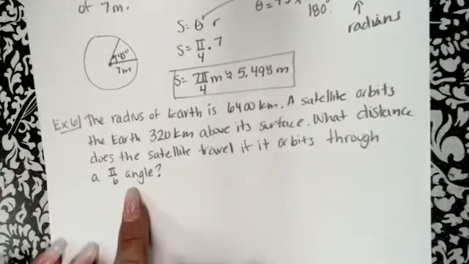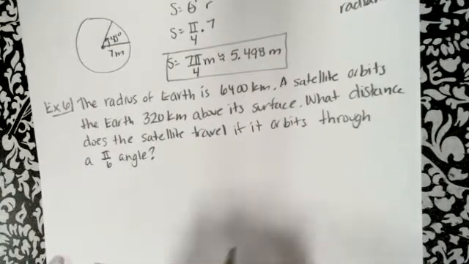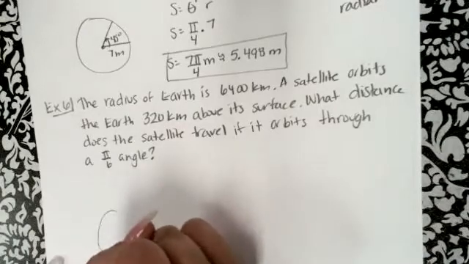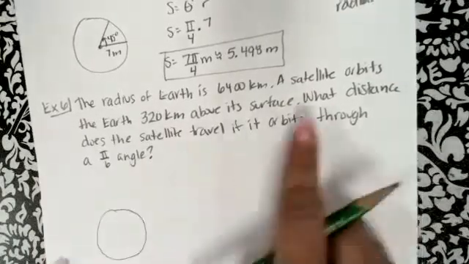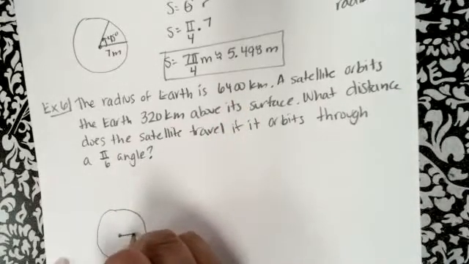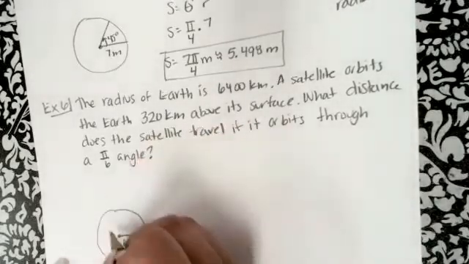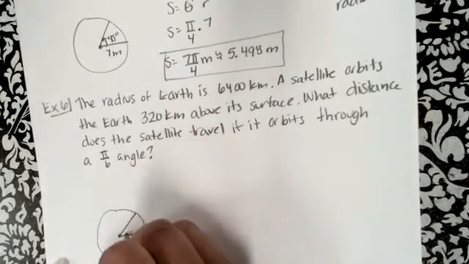So they gave me the radian measurement. Let's draw a picture of what this looks like. So here's the Earth. And the Earth is 6,400. So from here to the end, this is 6,400. The angle is going to be pi/6. So let's draw pi/6.